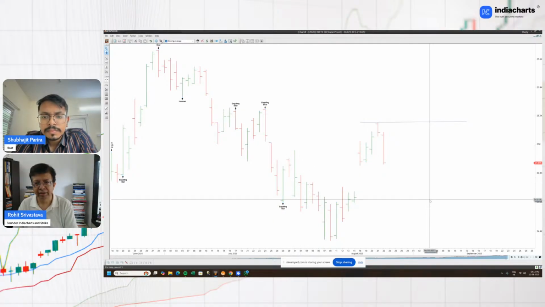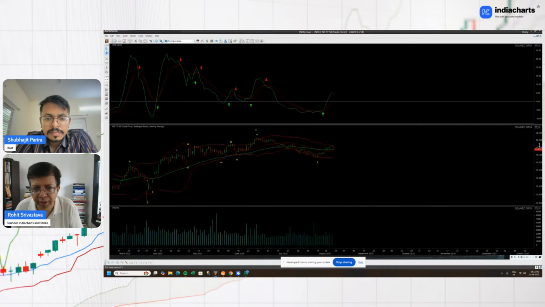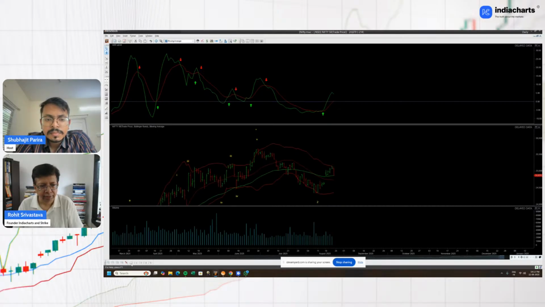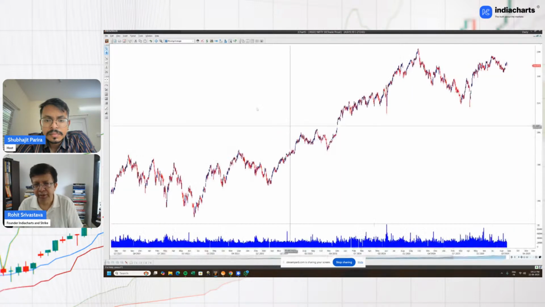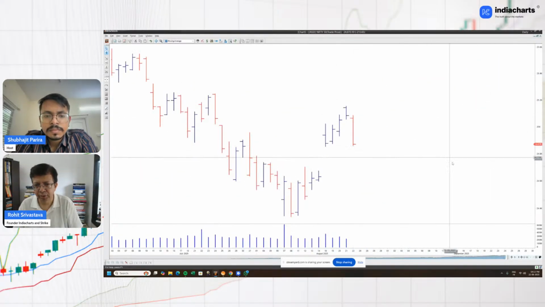I'm sorry, I think this is still working like a candle only. So on a regular bar chart, basically today would be just one down day, but on a candle chart it looks like two because of the real body. Okay, so now I'm looking at a normal bar chart without the candle effect. So it's just one down day.